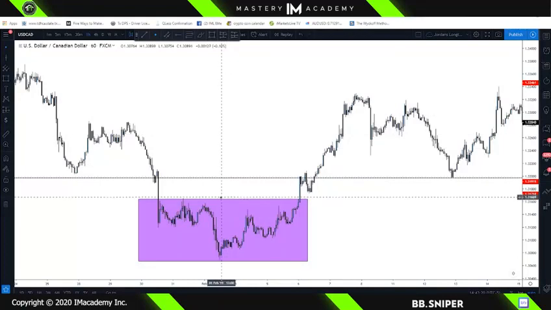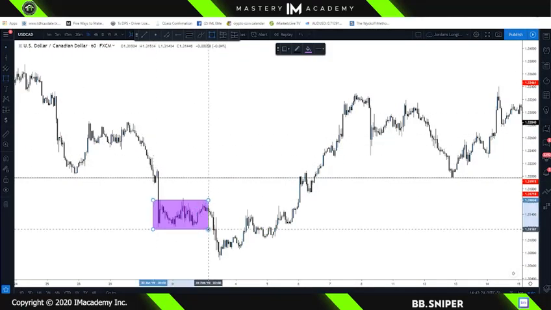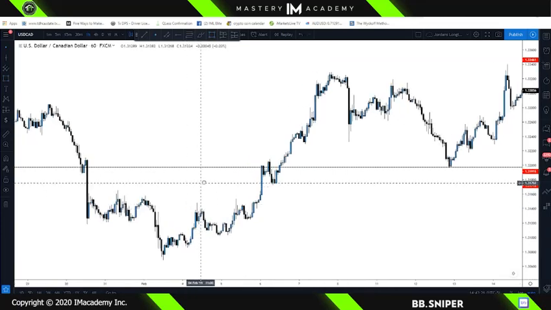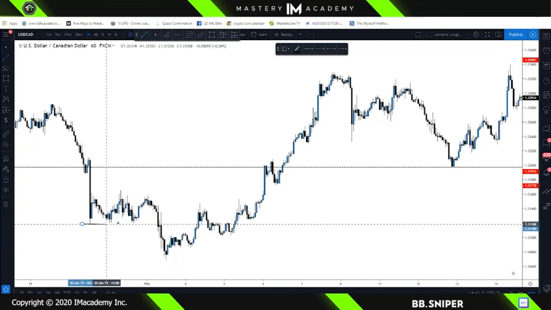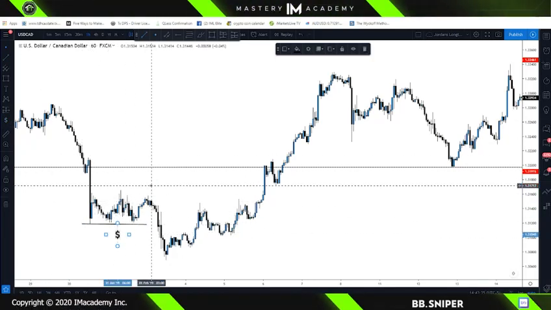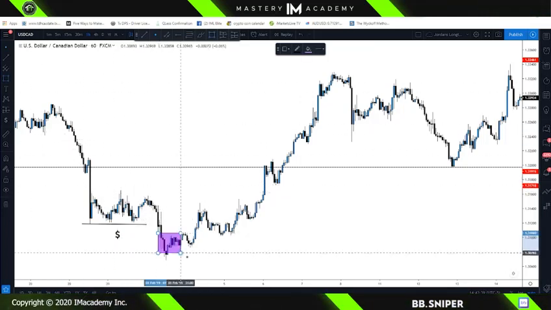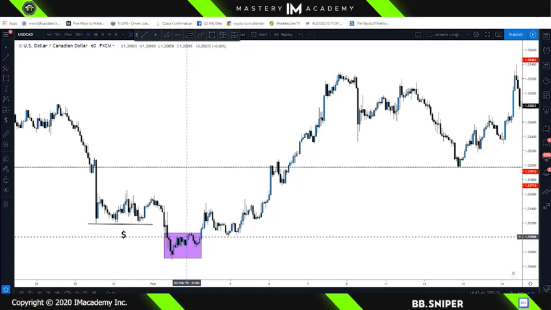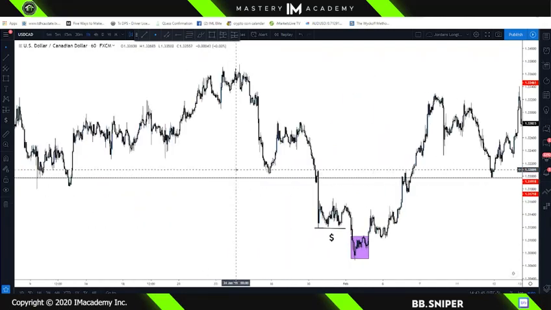Accumulation again. Market consolidates. What's it doing when it consolidates? Creating money, creating lows. There's the W. Price breaks down. Spring. And you start seeing evidence of buying.